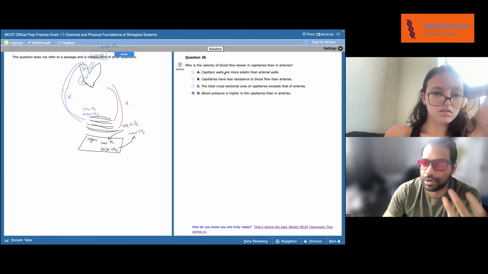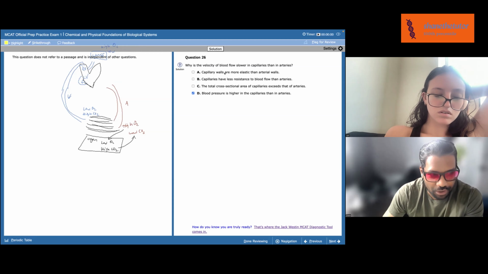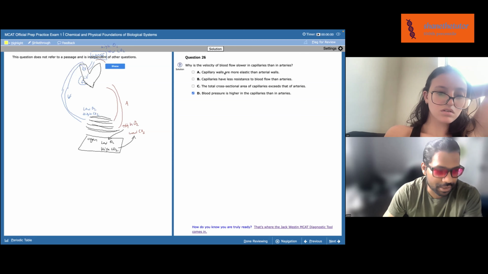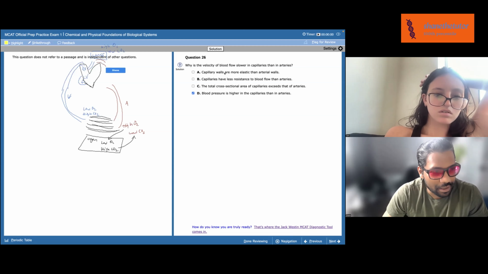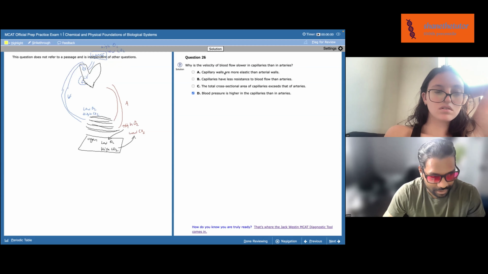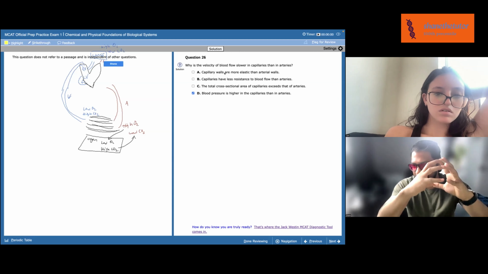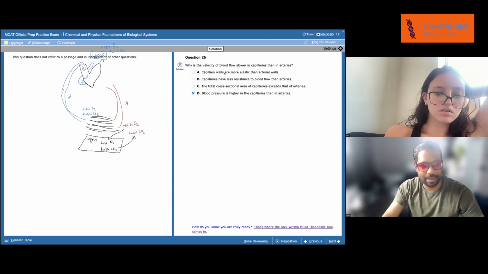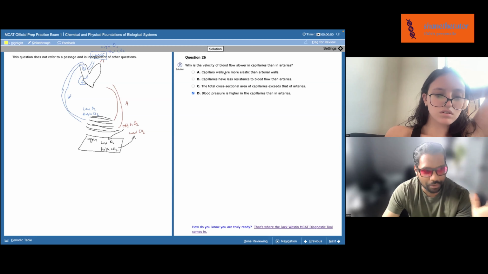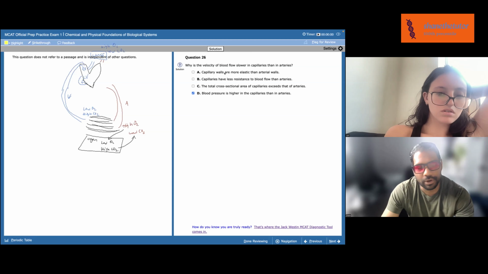And since you're exhaling CO2, at the lungs you're going to have a low CO2 concentration. There will be capillaries in the lungs as well, because that's also where gas exchange happens, and it'll oxygenate the blood and get rid of CO2 in the blood.